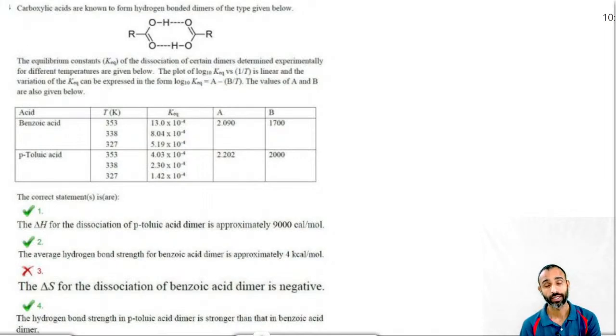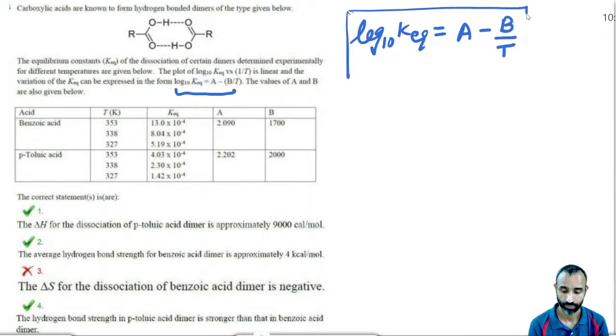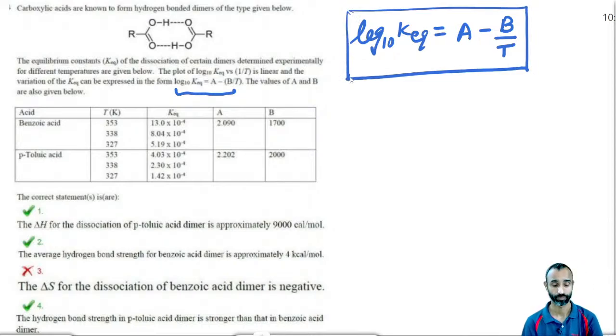Yes, this is the question related to the topic. See, log base 10 K equilibrium is given as A minus B upon T. This is already given to you. So carboxylic acids are known to form hydrogen bonded dimers of the type given below.